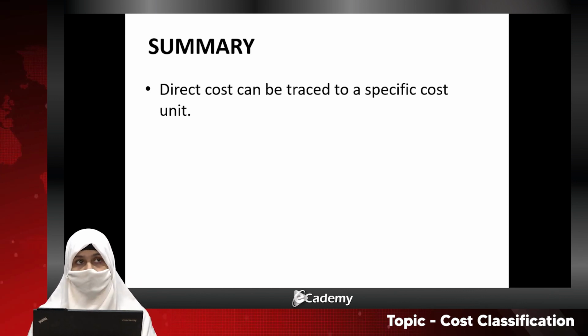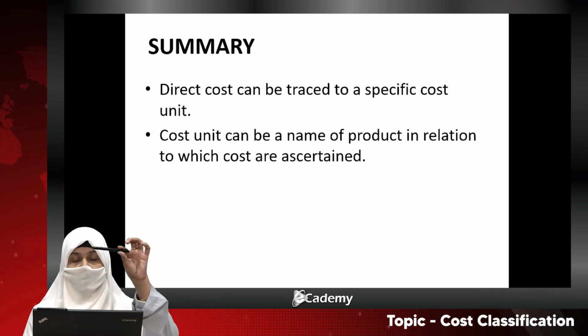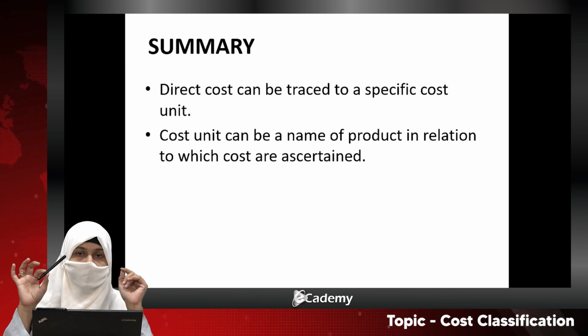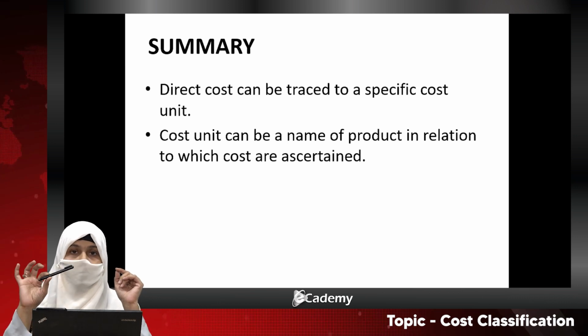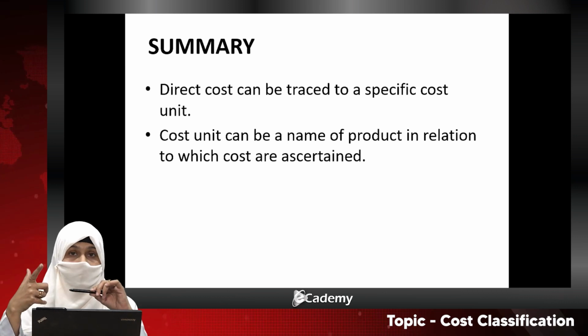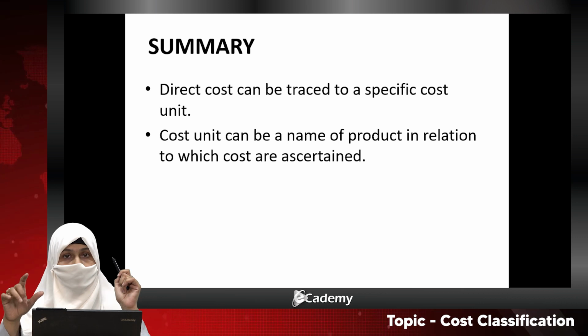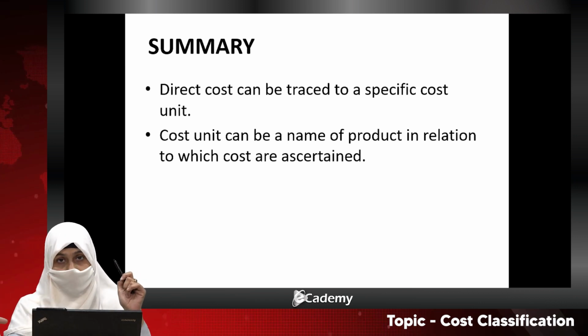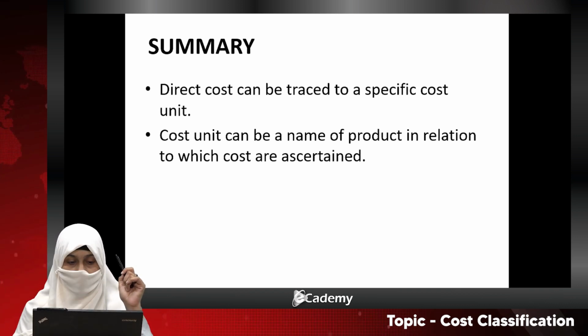One thing more about cost unit: if I am calculating the cost of this pen, then this pen is a cost unit. A cost unit is basically the name of the product in relation to which you are calculating the cost. If I am calculating the cost of this laptop, then this laptop is a cost unit. If I am calculating the cost of a glass, then the glass is a cost unit.